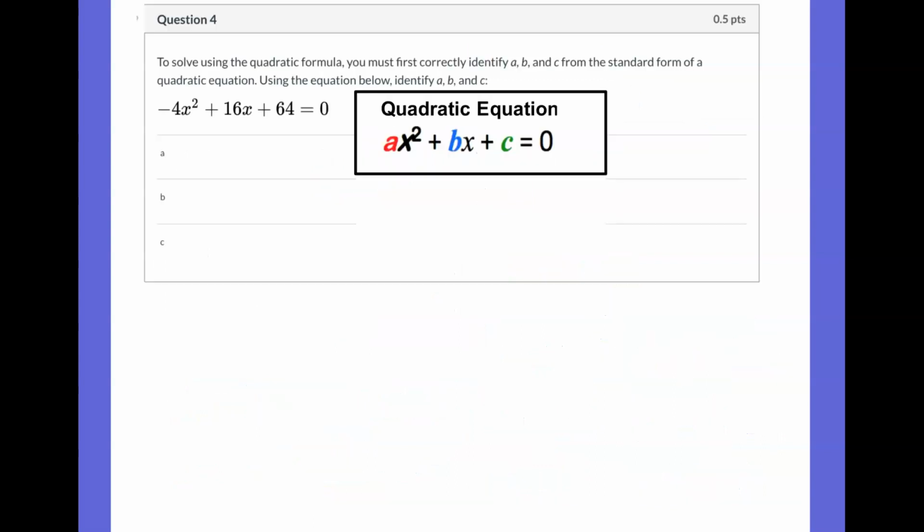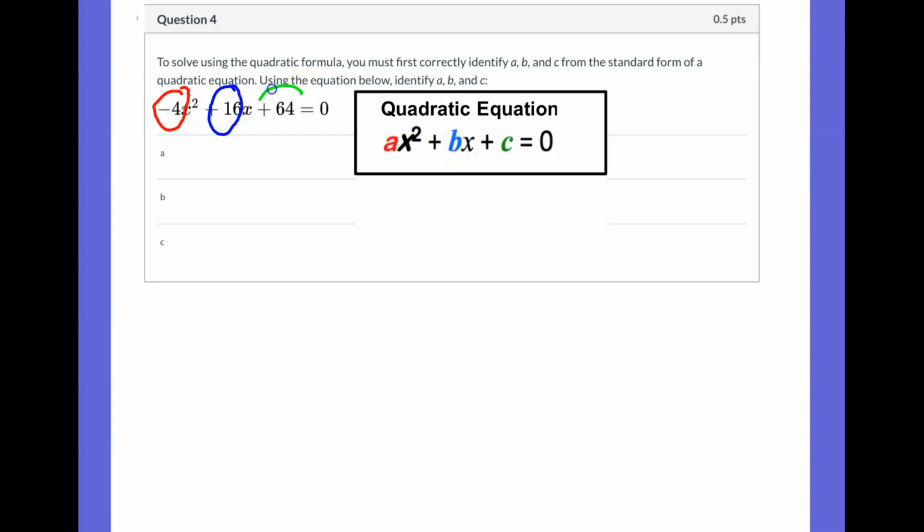So now I have question 4. To solve using the quadratic formula, you must first correctly identify a, b, and c from the standard form of the quadratic equation. We talked about that before. You have A, and you have B. B is always the number that is the coefficient of x.